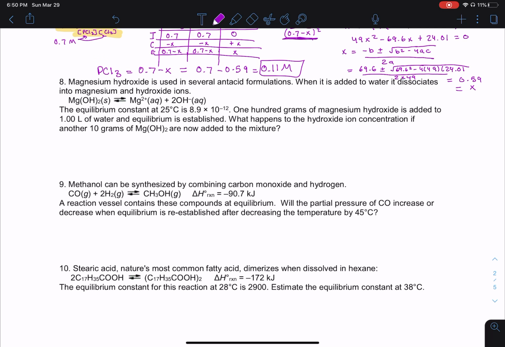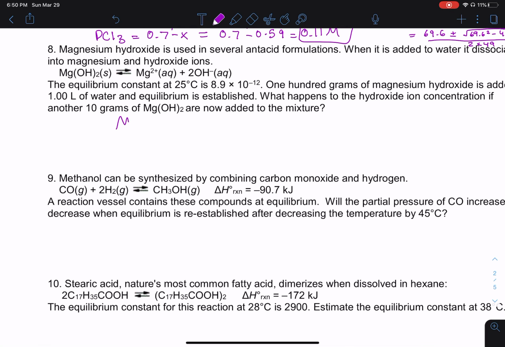So basically, this is something where you have to just look at the reaction, and it's saying 100 grams of magnesium hydroxide is added to 1 liter of water and equilibrium is established. So this basically just states that, okay, here we are at equilibrium. What happens to the solution if another 10 grams of magnesium hydroxide is added to the mixture?